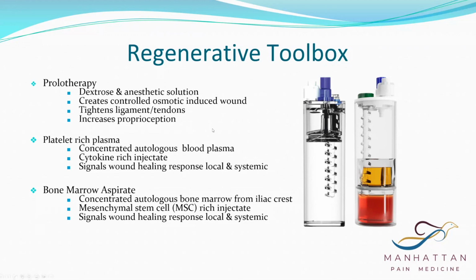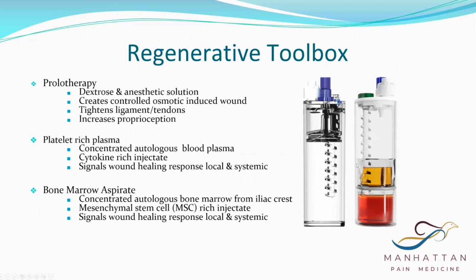The picture we have here on the right side is the tubes that we use to concentrate the plasma, and the nice amber-colored solution there is what we get after we've spun it down in the centrifuge, and that's what we inject into the painful area.